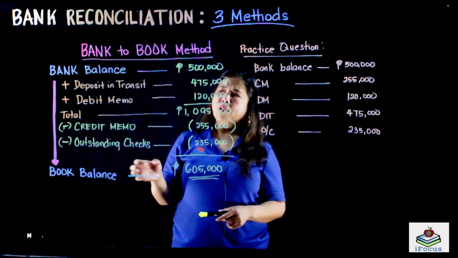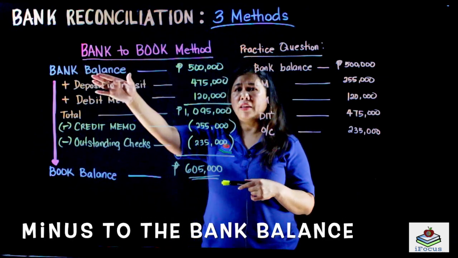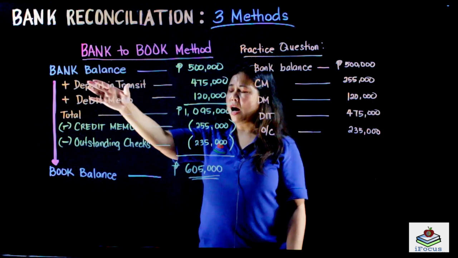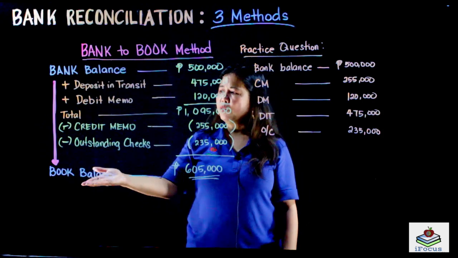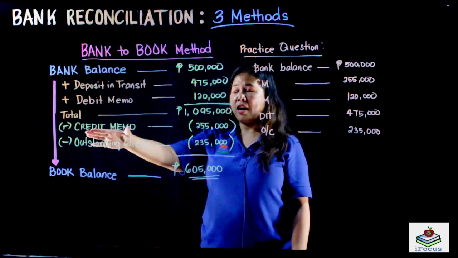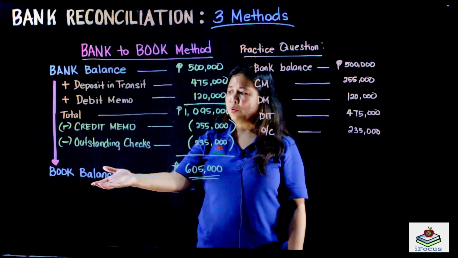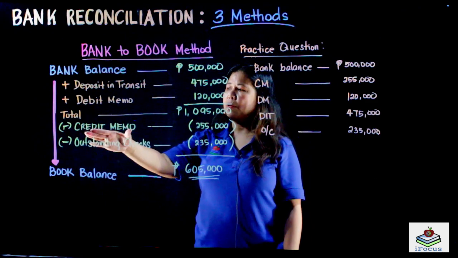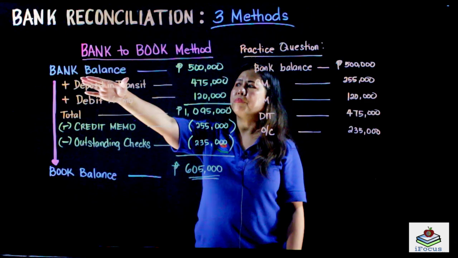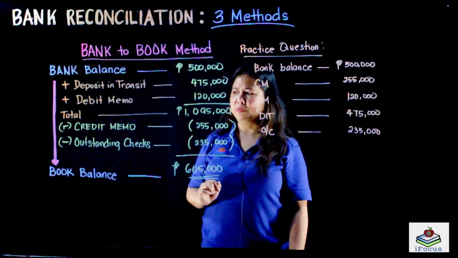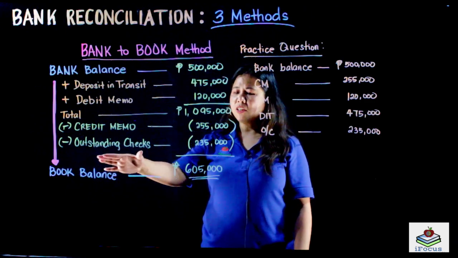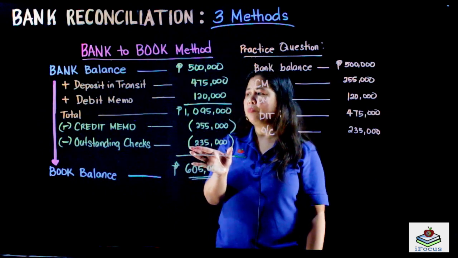And the credit memo is an addition to the bank balance, pero dahil ang hinahanap natin is the book balance, ima-minus natin ang ating credit memo to get our book balance. So, we minus the credit memo from our bank balance na 500,000. Then we minus our outstanding check of 235,000.